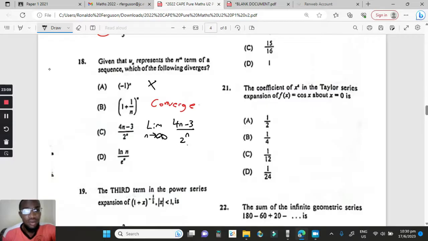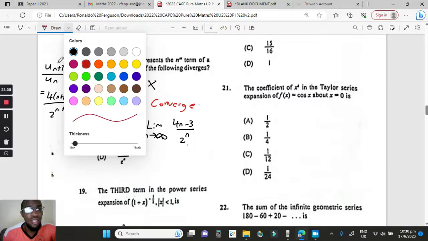This is your un, so you need un plus 1 divided by un. That is un plus 1, which is 4 in brackets n plus 1 minus 3 over 2 to the n plus 1, divided by un, and dividing is the same as multiplying by 2 to the n over 4n minus 3.